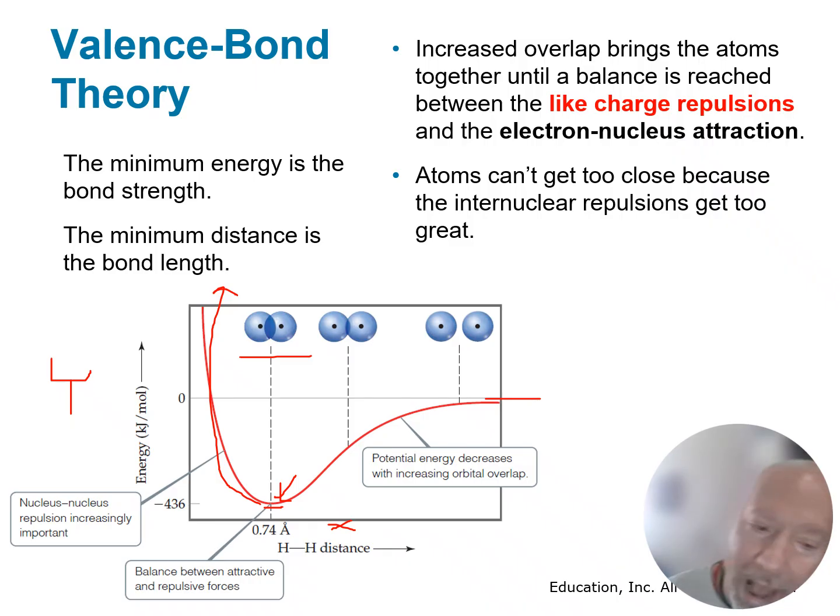There's no longer any overlap, and there's no longer any attraction to one another. The potential energy decreases with increasing orbital overlap, and that's going in this direction, right? So with increasing overlap, we are reducing the energy till we hit some minimum. And that explains why these bonds form. They want to reduce their energy because everything tends to lower energy.